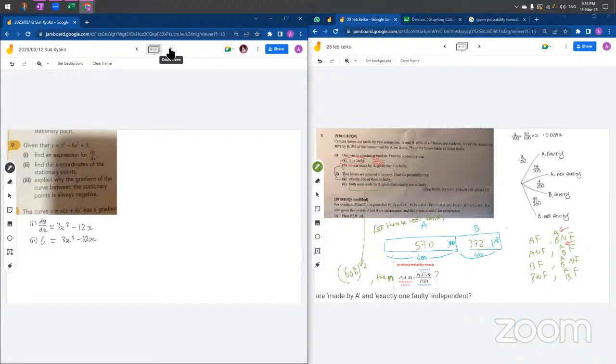That's the gradient of the curve. Never mind. Use the table method first, Kyoko. Just use the table method. And first you have to find the position of the stationary point, right?